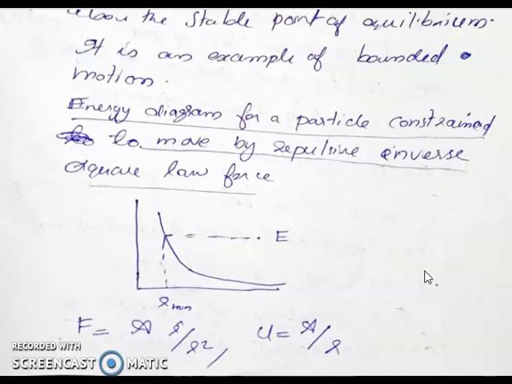Take a proton approaching a nucleus. The charge of the nucleus is positive, and a proton is also positively charged, so a positive charge is approaching a positive charge center. So there will be a repulsive force.